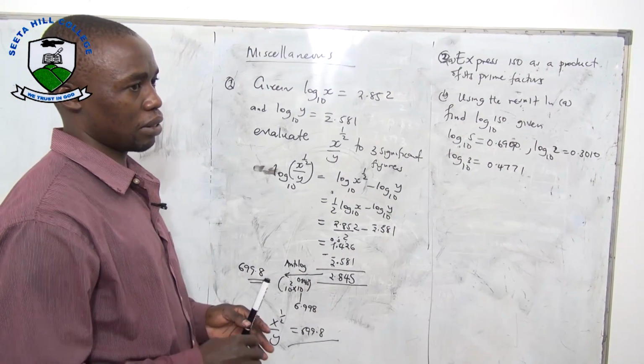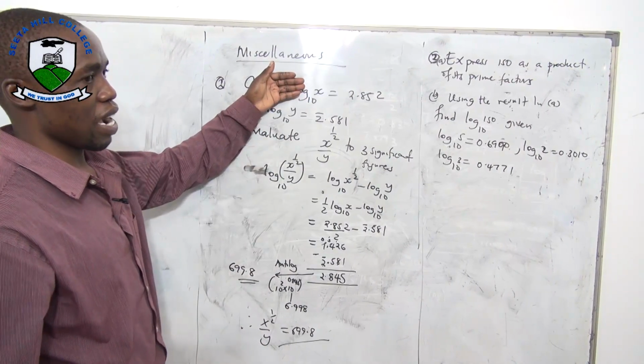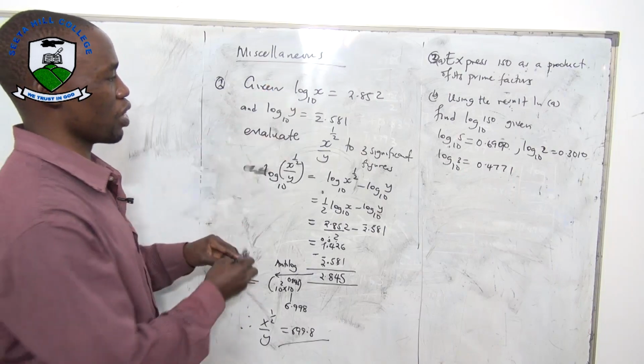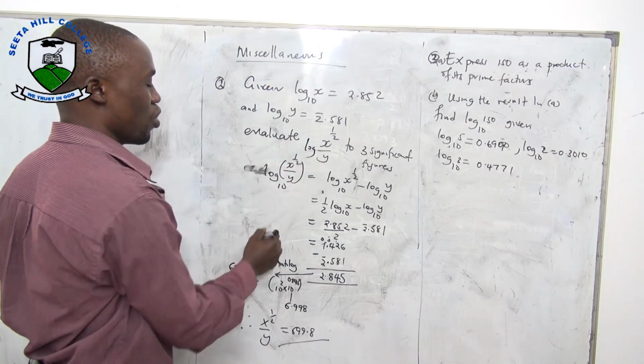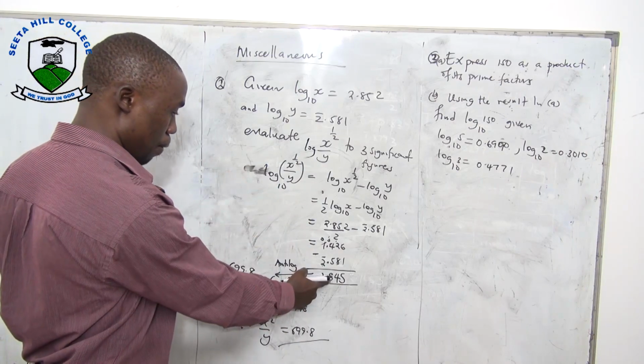Now listen. Assuming they said, given this and this, evaluate log of this. No need to anti-log, you end there.